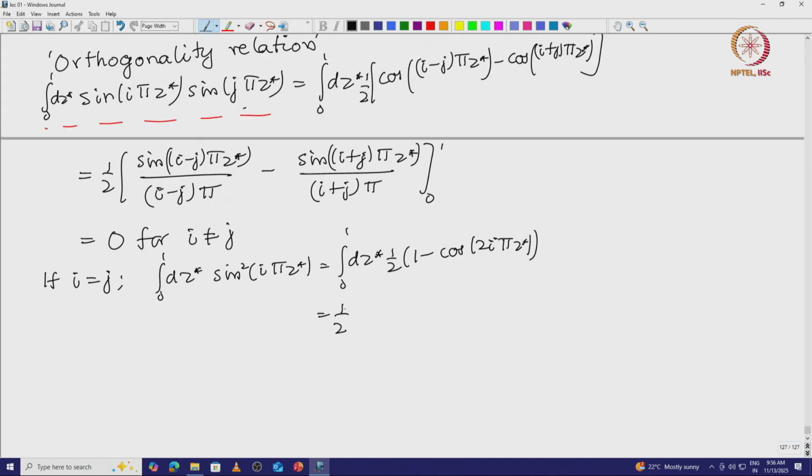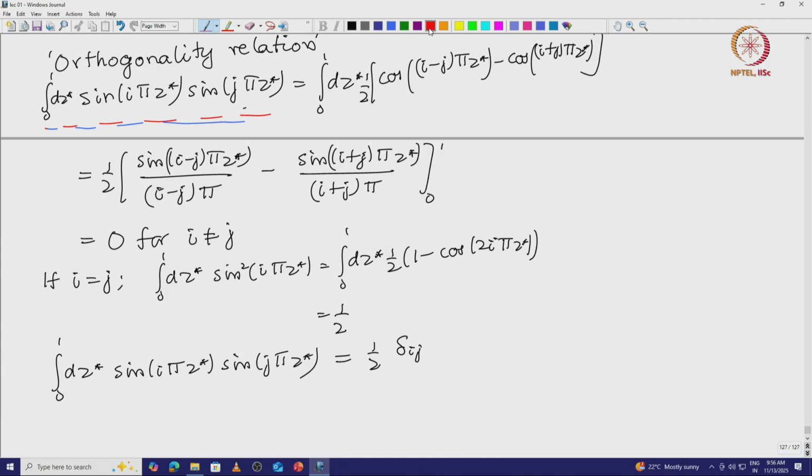So, this integral of two functions with two different i and j can be written as 1 by 2 delta i j.